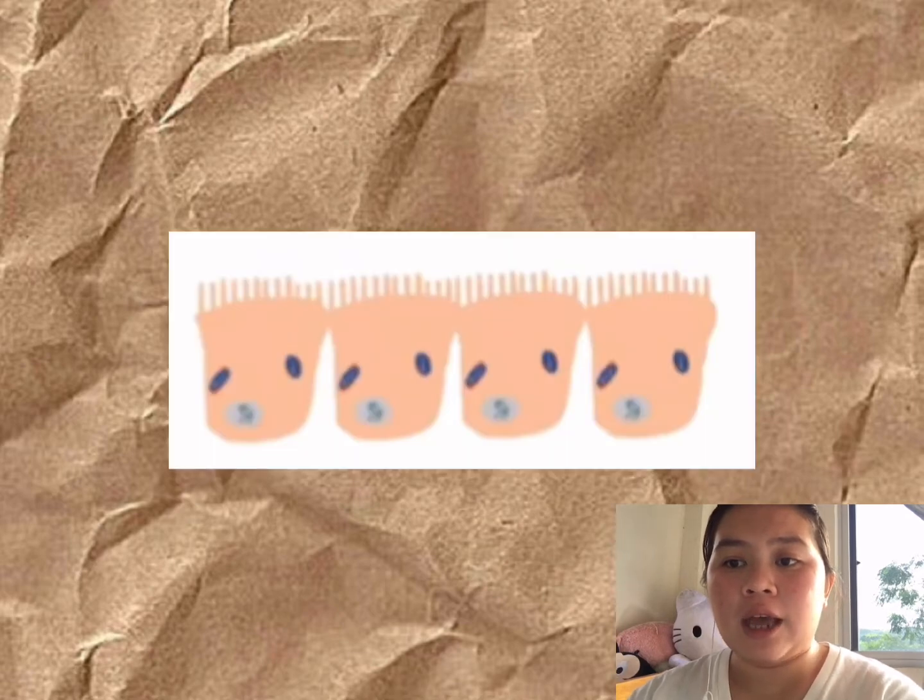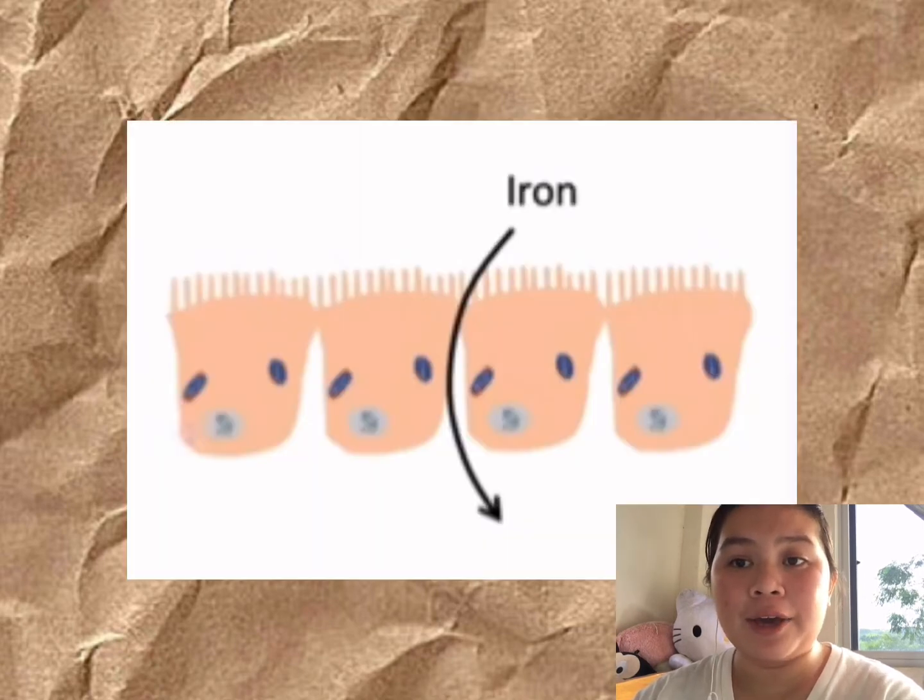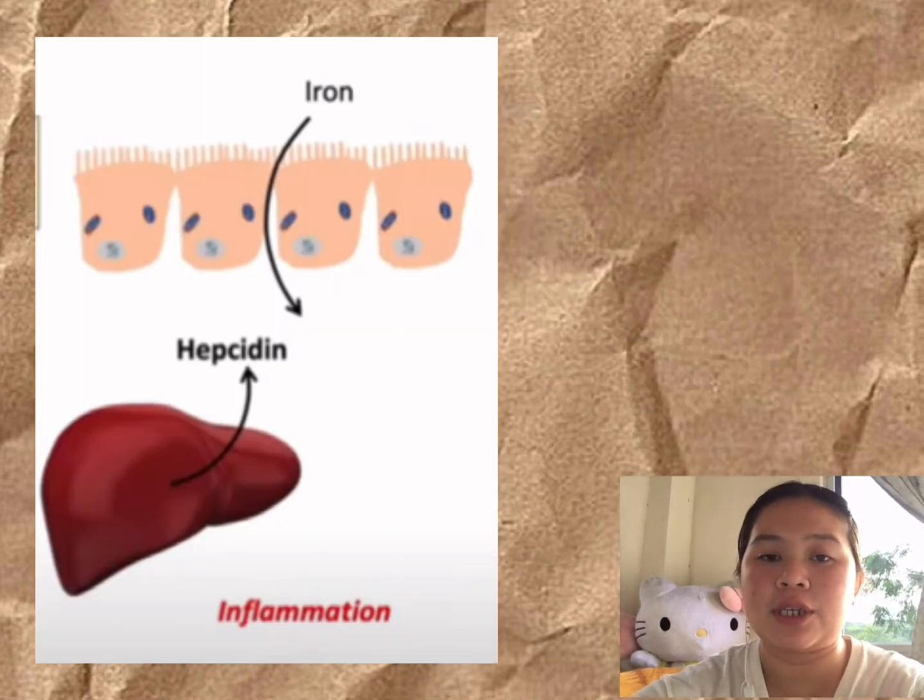Normally, if you look at this picture here, these are enterocytes. These would be the cells in the duodenum that are responsible for the absorption of nutrients like iron. The liver produces hepcidin.